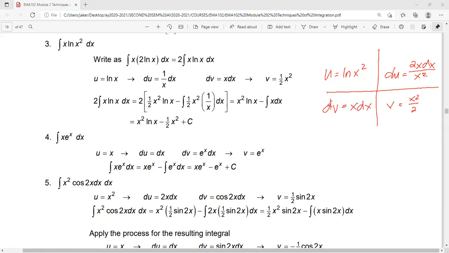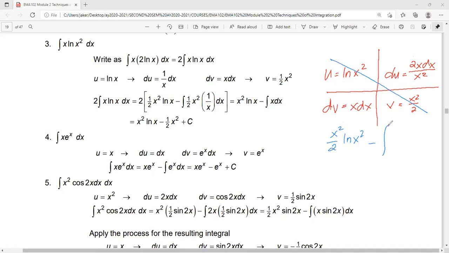Then you just have to process this one. So cross, have that. So your answer for that integral will be x squared over 2 ln of x squared minus the integral of v du. This one, the v and the du.